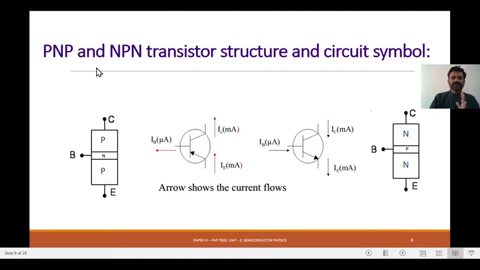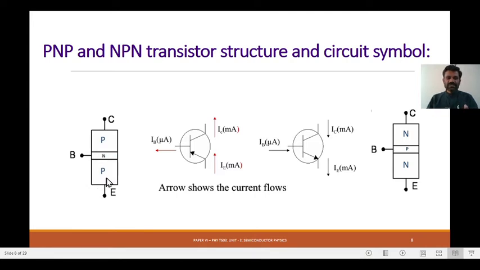And for the NPN and PNP transistor, how it has been constructed, or its structure, you can see this is the emitter, base and collector of a PNP transistor. An N region has been sandwiched between two P regions, so that there is a formation of a PNP region, and this is called a PNP transistor.